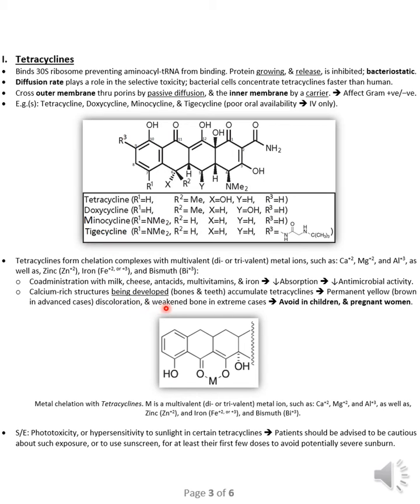They might also weaken the bone in extreme cases when the tetracyclines are administered at higher doses for a longer amount of time. So that's why they should be avoided in children and in pregnant women.